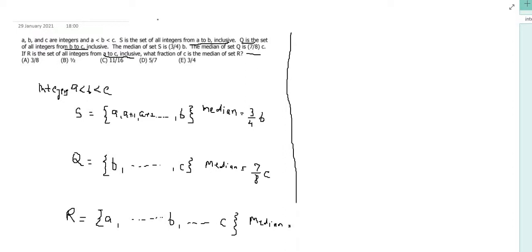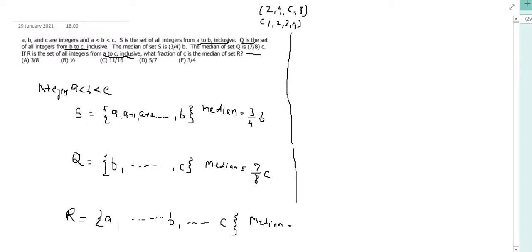Now there is one more concept that we are going to use. Since we know that all these numbers in the sets are consecutive numbers, all the integers from A to B, what happens when your set is evenly distributed? Evenly distributed as in it's an arithmetic progression, where the difference between two consecutive terms is the same, be it 2, 4, 6, 8, or 1, 2, 3, 4. In consecutive integers the difference is the same.